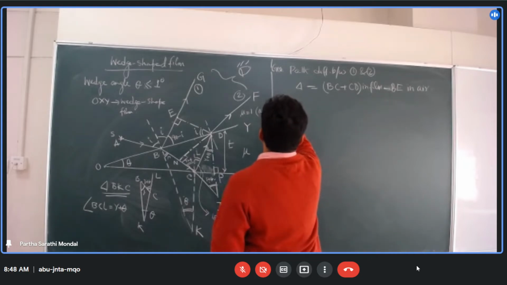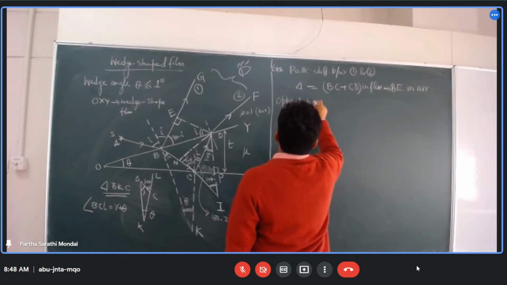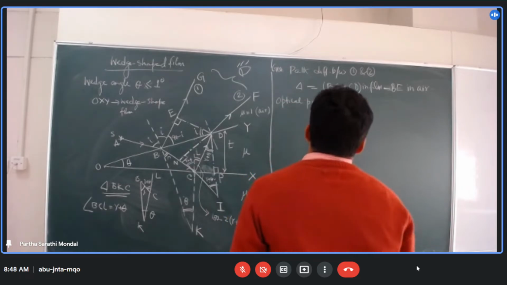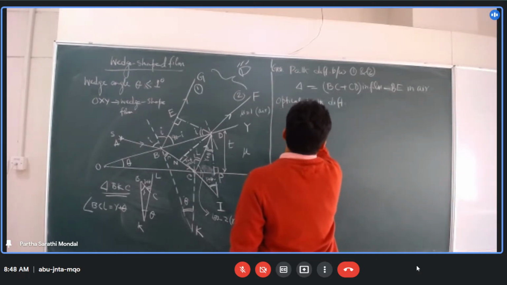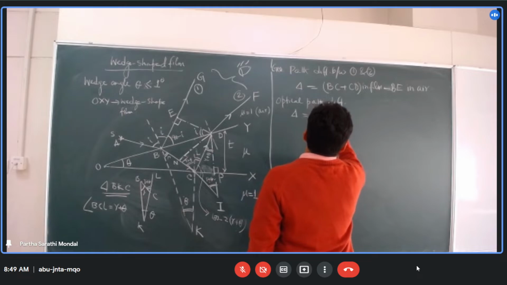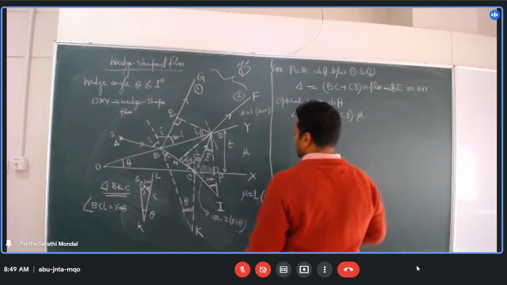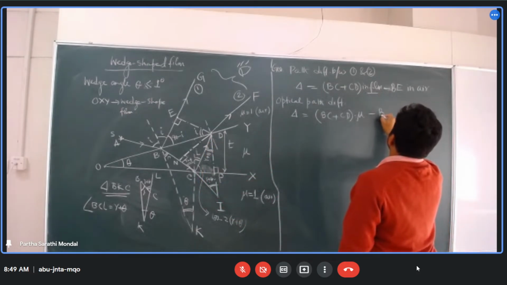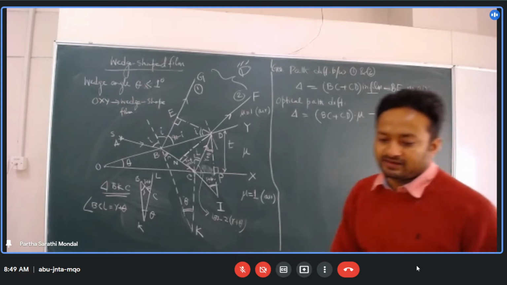So now we can find out optical path difference. मतलब है, we know that we just have to multiply with the refractive index. So that is BC plus CD into mu. Mu is the refractive index of film, and minus BE into 1. 1 is the refractive index of air.